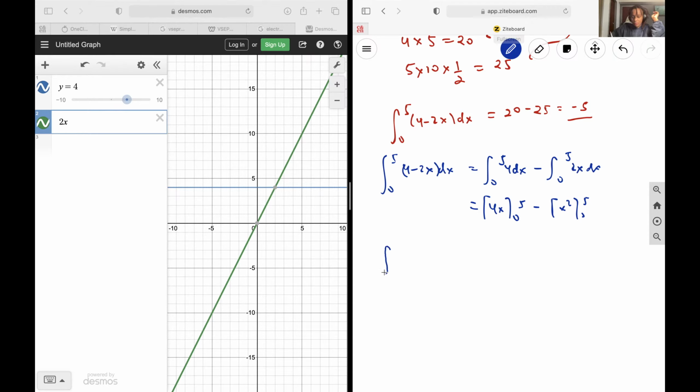And that is just, again, off of the premise that this is equal to 1 over a plus 1 x to the power of a plus 1. So the integral of 2x dx is going to be 1 over 1 plus 1, 2. And then remember, it's going to be multiplied by 2. So that's 2 over 2 multiplied by x squared. And so these two will cancel, just leaving the x squared.